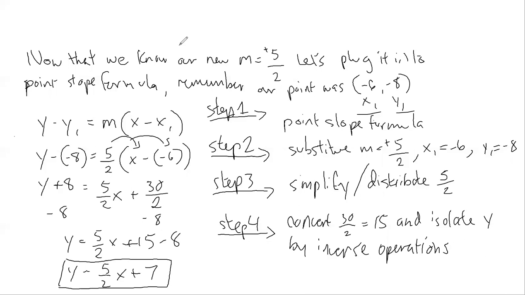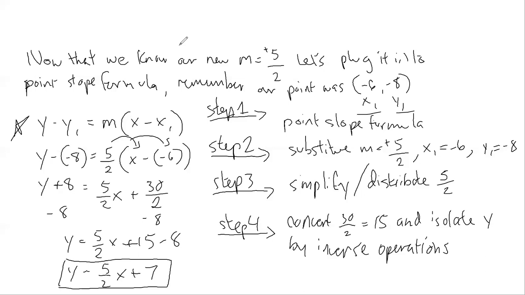We start with that, and then we move on to step 2, which is to substitute m is equal to 5/2. X1 is going to be -6, and Y1 is going to be -8, because those were our point, okay?